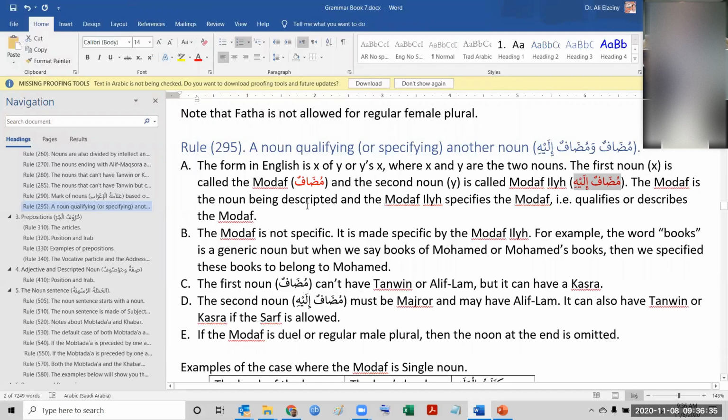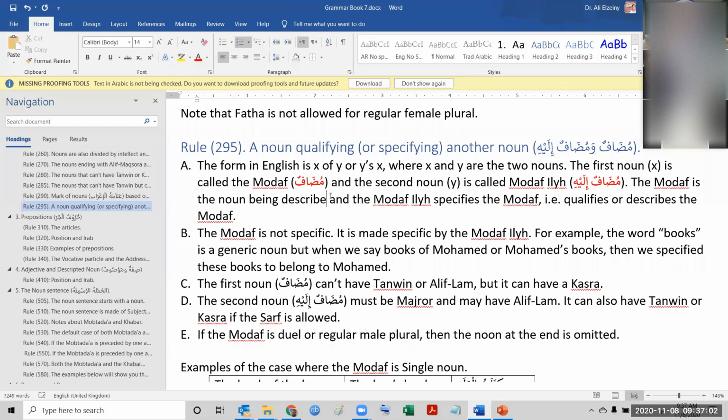The mudaf is the noun being described, and the mudaf ilayh specifies the mudaf, i.e. qualifies or describes the mudaf. The mudaf is not specific.